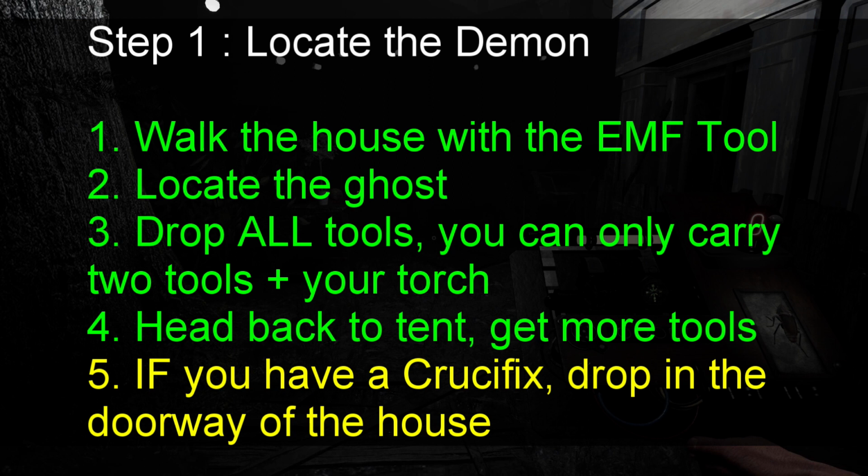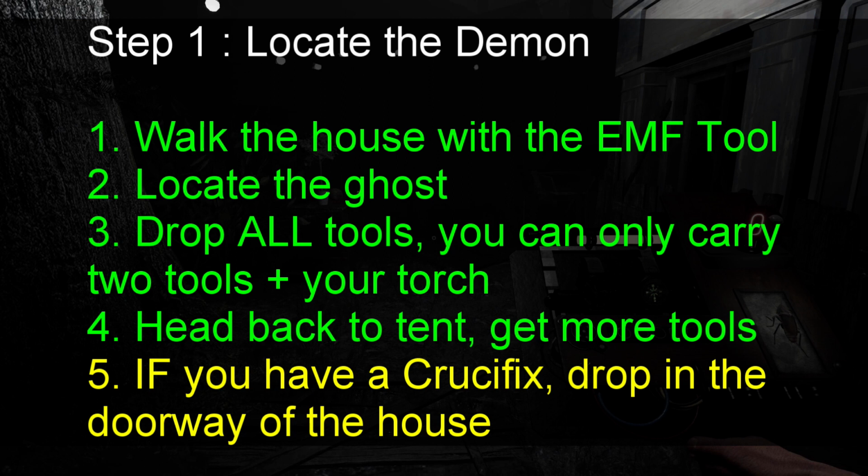If you have a crucifix, and they're very expensive, I think they're about $2,000. Later on, when you have a crucifix, the first thing you should do is move that crucifix into the house. You might want to do that as step 1. The reason is that when a hunt starts, the front doors lock. Whoever's inside the house will be locked inside. They cannot leave.